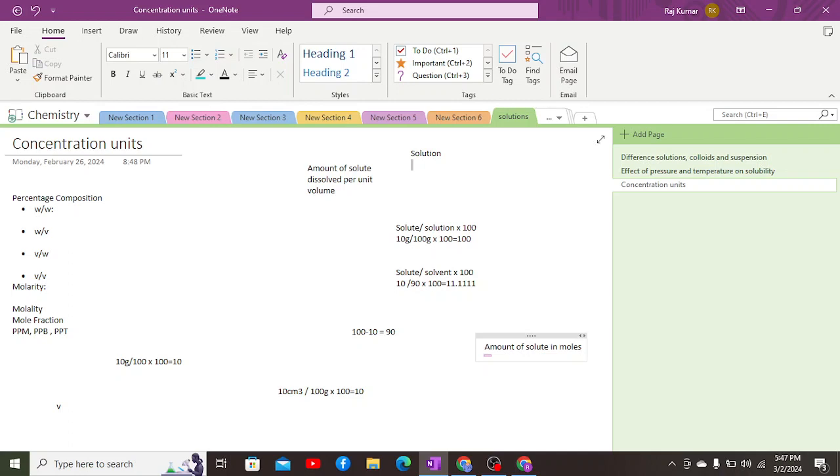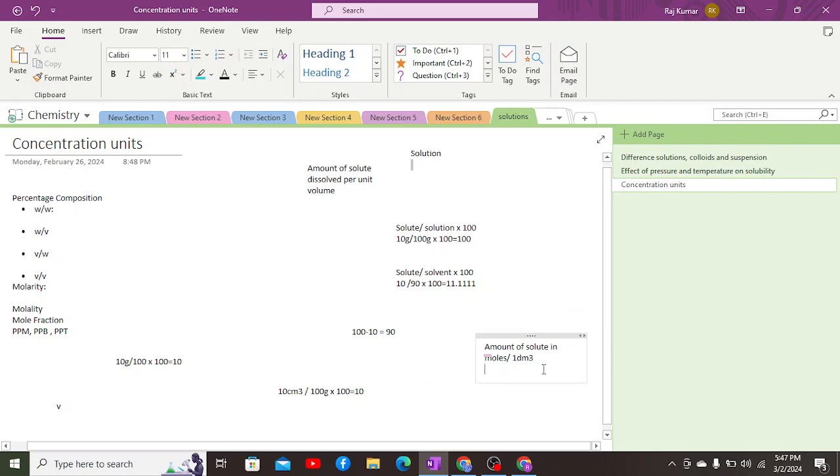So in that case we can also take it as a unit of matter, but amount of solute would be in moles, and that would be the concentration, right? So amount of solute in moles divided by 1 decimeter cube of solution, per unit volume of solution, or 1 centimeter cube of solution. 1 decimeter cube of solution is the SI system, right? Amount of solute in moles divided by 1 decimeter cube of solution.